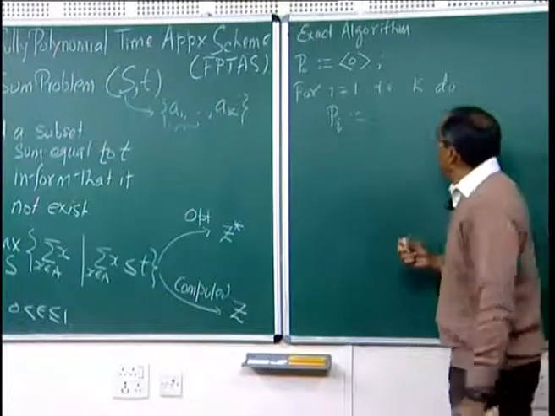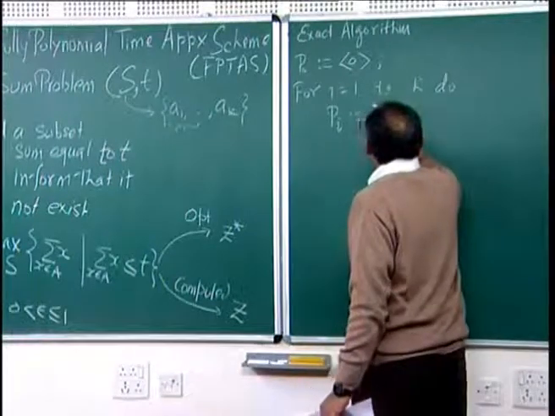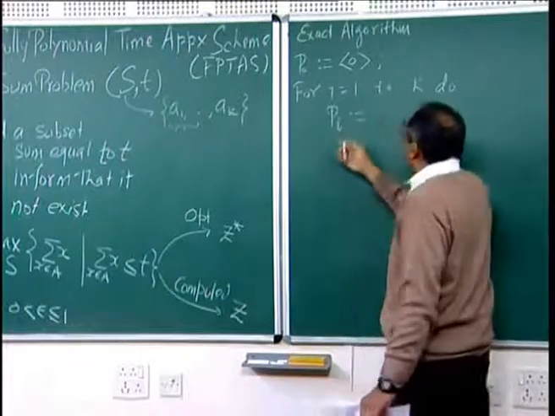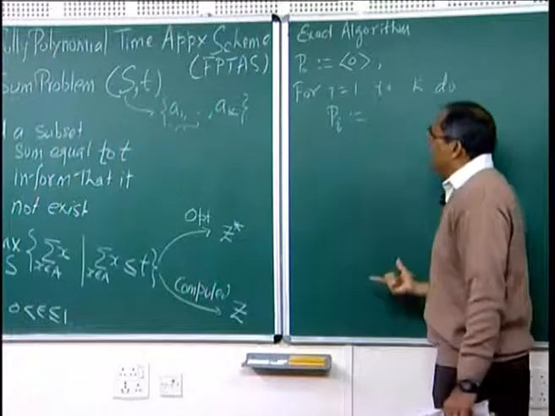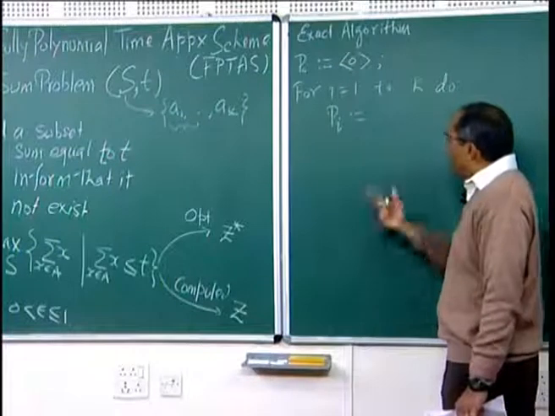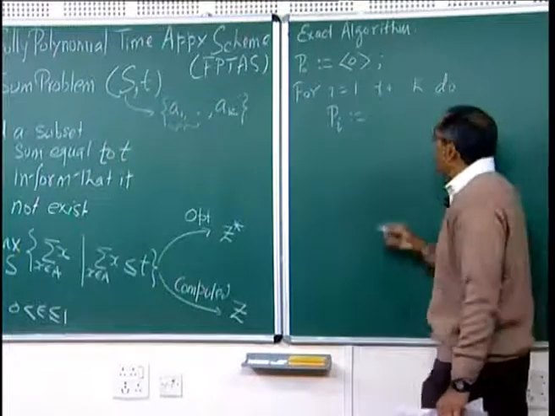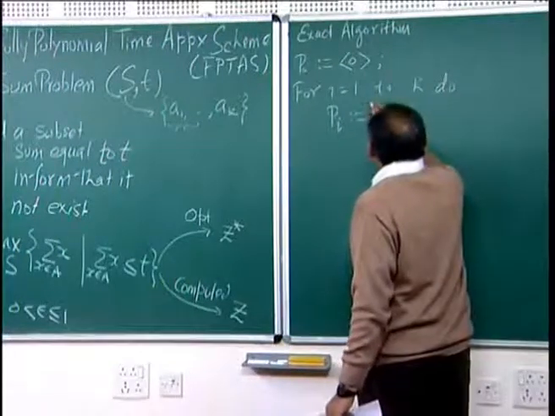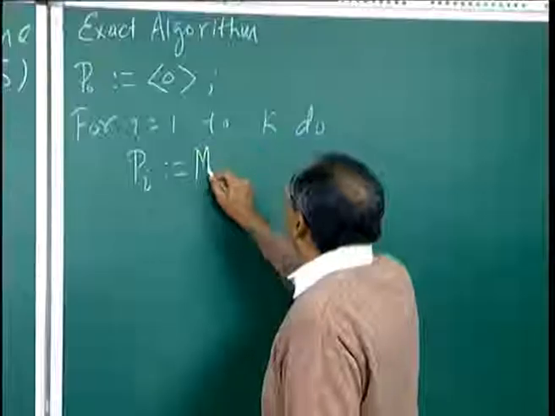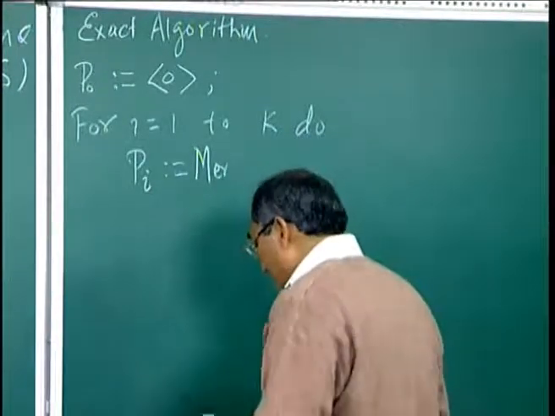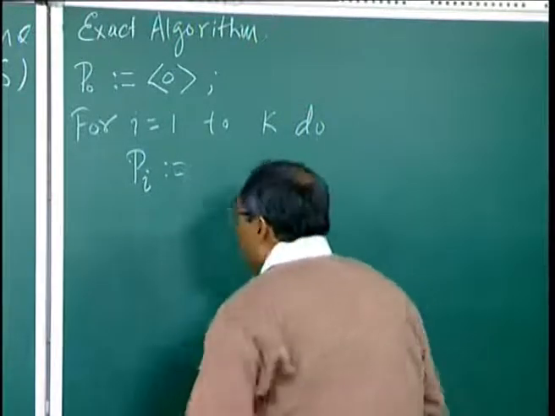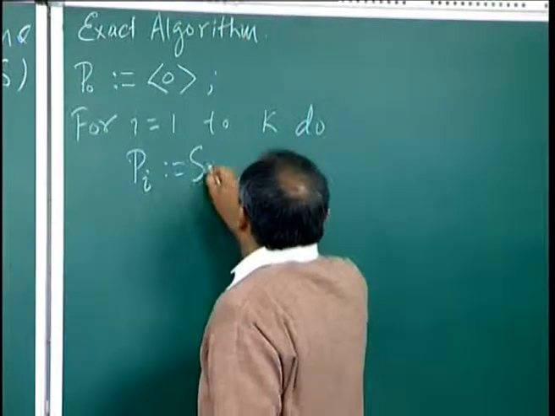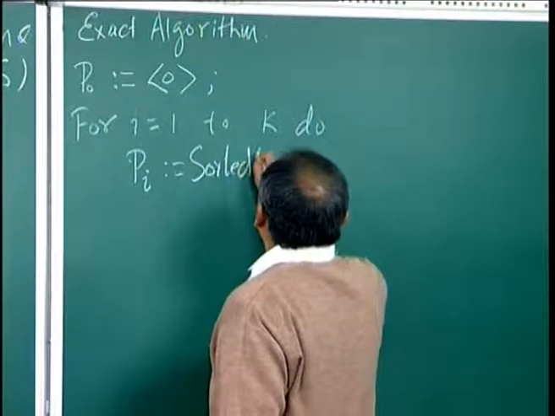We are maintaining a list because in implementation this is fairly straightforward: we keep this as a sorted list and do a sorted merge.